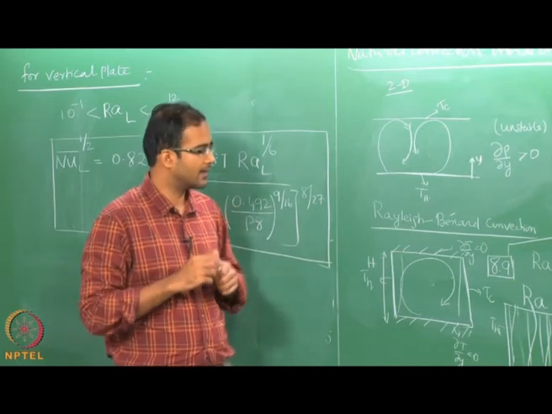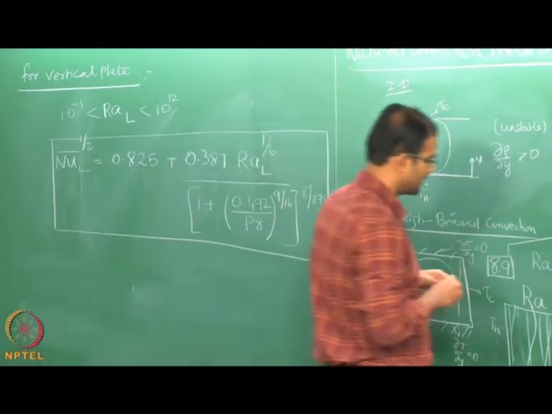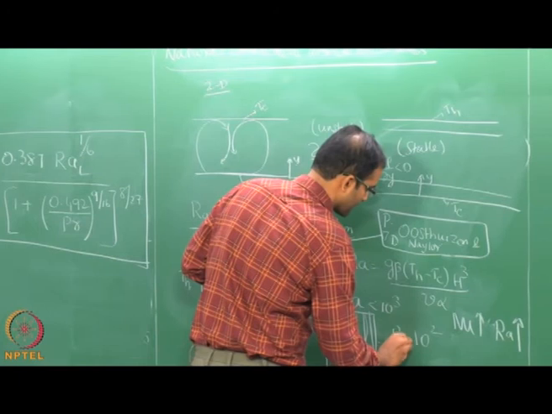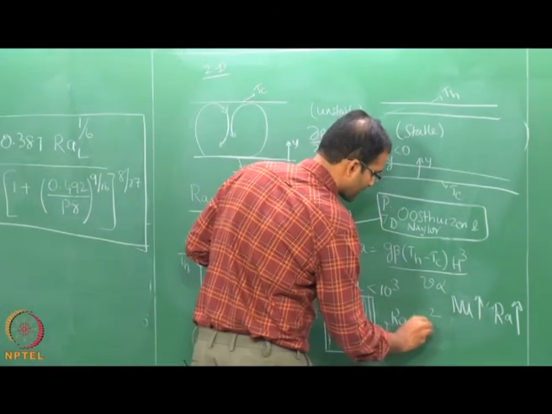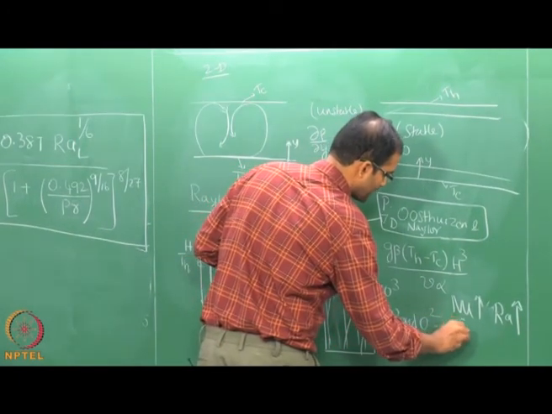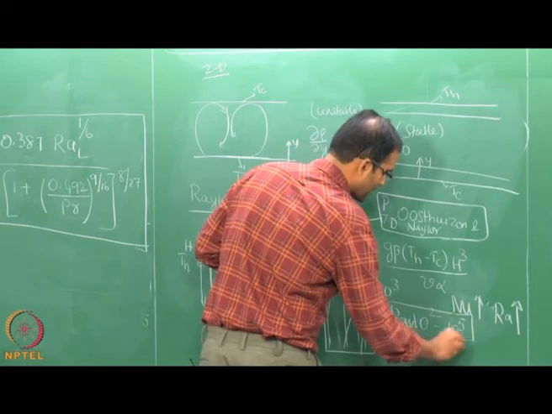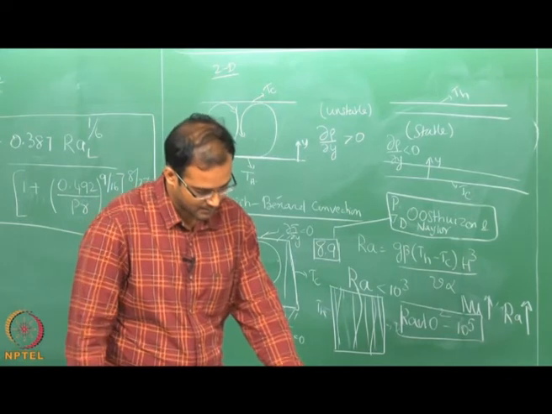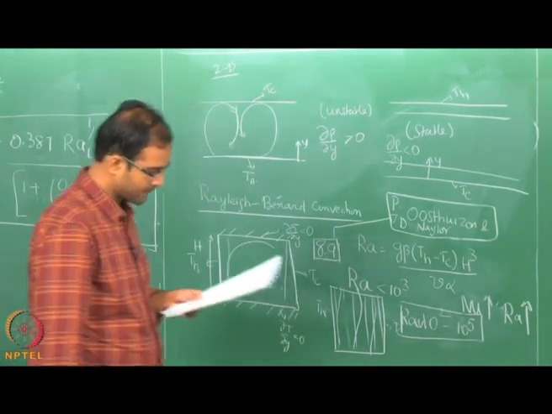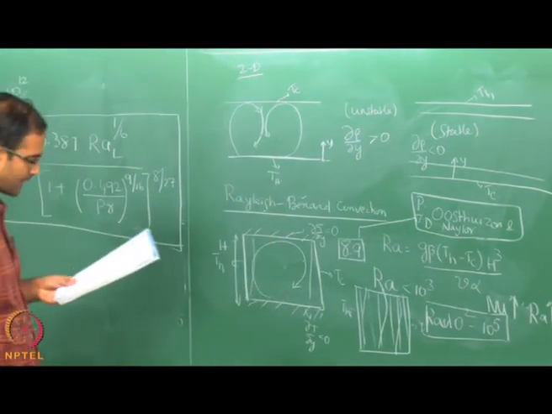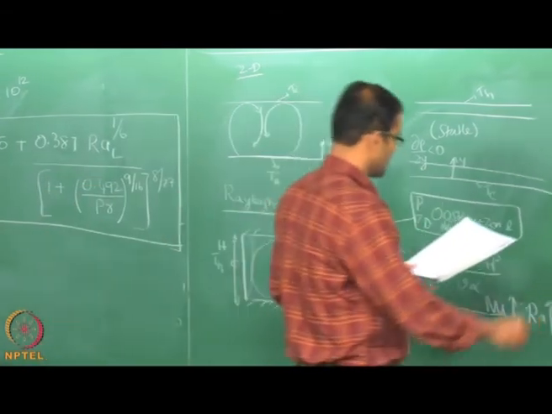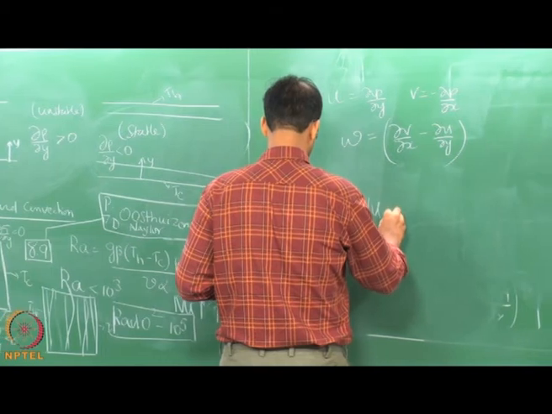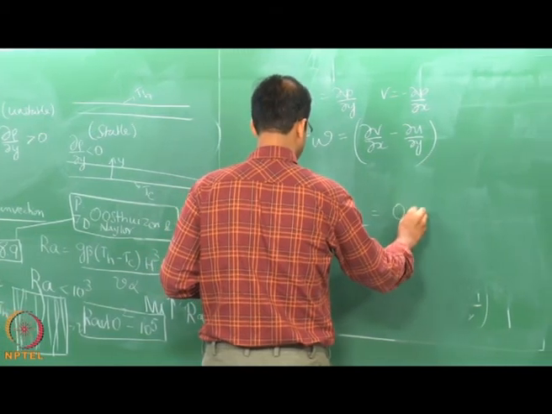Look at Rayleigh numbers in the range from 10^2 till 10^5, that is 3 orders of magnitude variation in the Rayleigh number, and you can use the following correlations to compare your numerical solution for the Nusselt number.